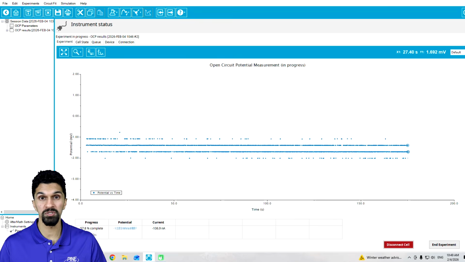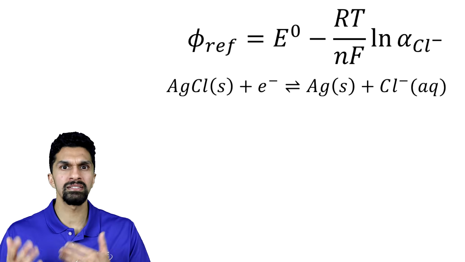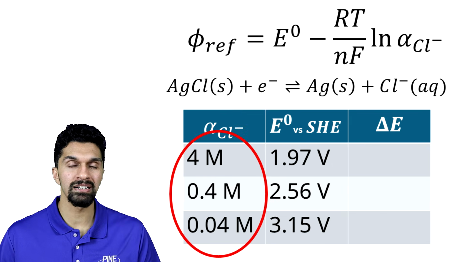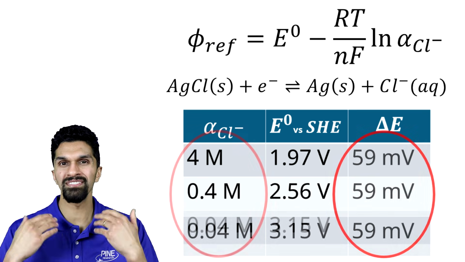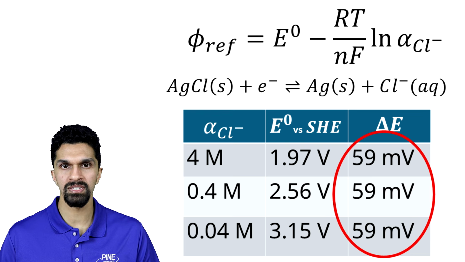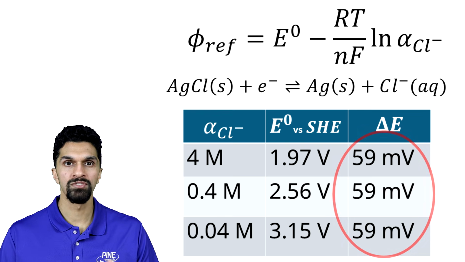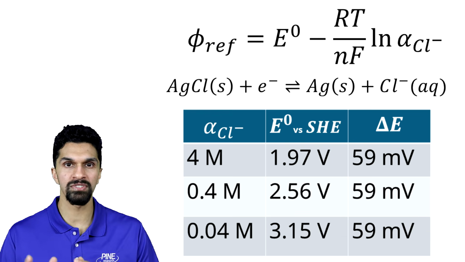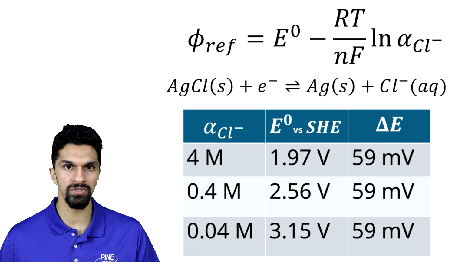The potential difference between two things that are the same should be 0. If you plug in different numbers for the chloride ion concentration into the Nernst equation, you'll observe that you should get a 59 millivolt difference in the potential from a 10 times difference in the chloride ion concentration.